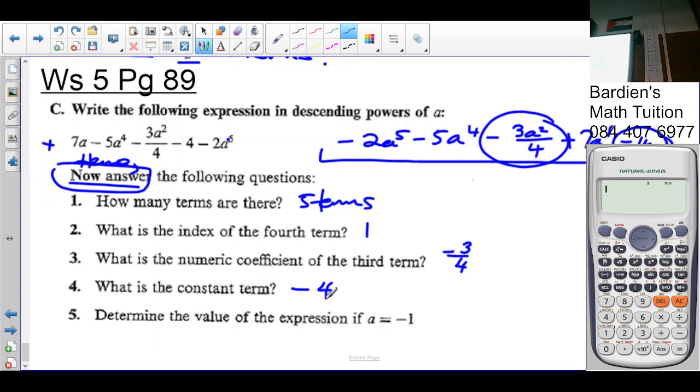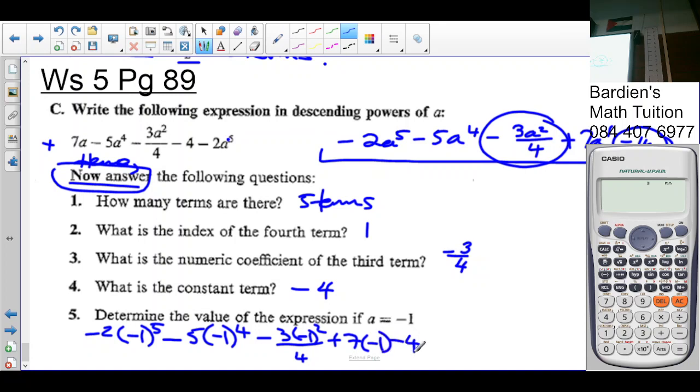And then number 5, they asked to determine the value of the expression if a is equal to negative 1. That means to say if I see an a, I replace it with negative 1. So it's going to be negative 2, open brackets, negative 1 to the exponent 5, minus 5 into negative 1 to the exponent 4, minus 3 over 4, 3 into negative 1 to the exponent 2 over 4, plus 7 times negative 1 minus 4.